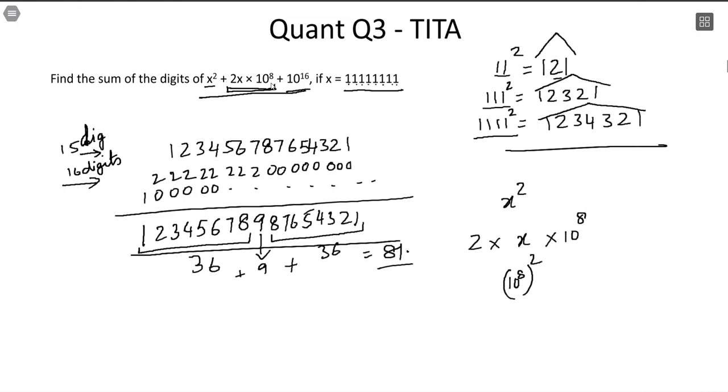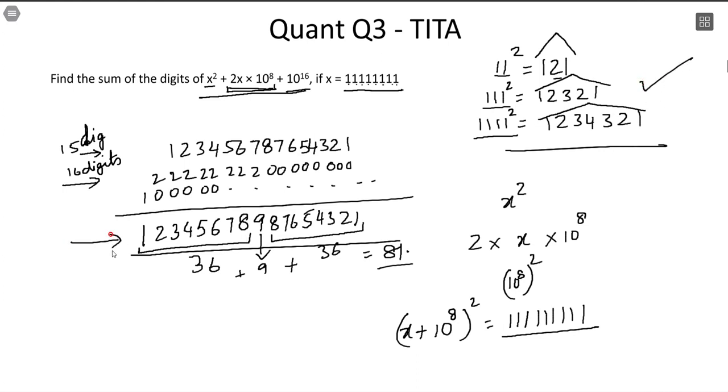So you could have happily taken this number as x plus 10 raised to the power 8 whole square, which would have led you to see this is 8 ones. So when you're adding 10 raised to the power 8, it will turn into 1, 2, 3, 4, 5, 6, 7, 8, 9. This has turned into a 9-digit number. Now with the help of this, you can reach this result directly and then add up the numbers.